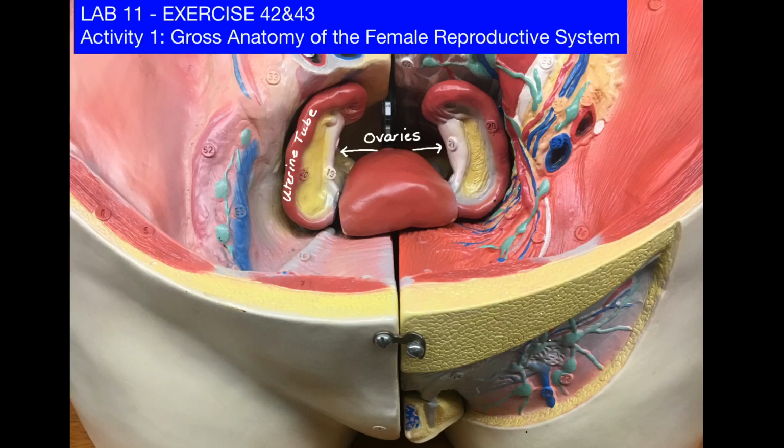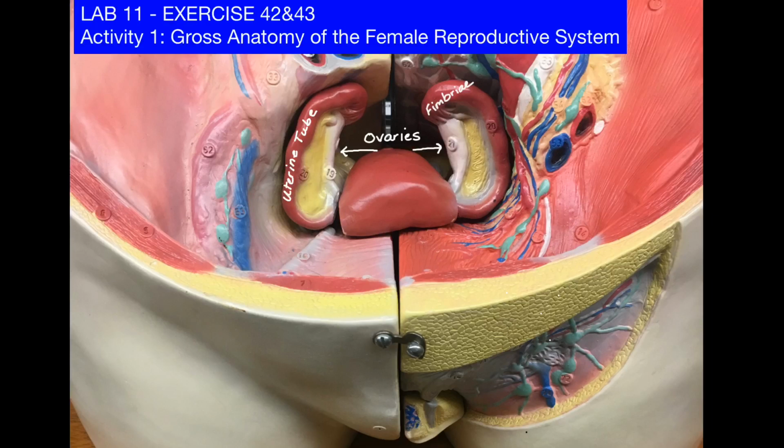Now, what's interesting is, unlike males, the gonads are not directly connected to this tube or duct system. So there's no actual contact between our ovary, our female gonad, and the duct system, which is the uterine tubes.